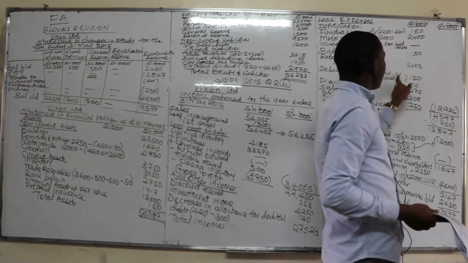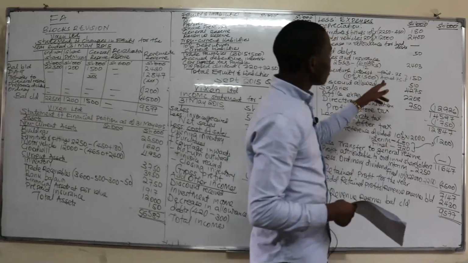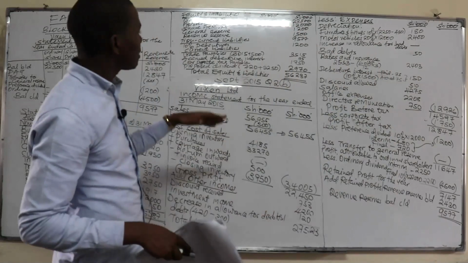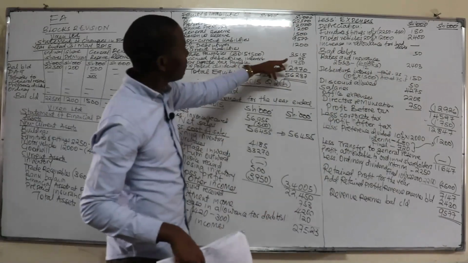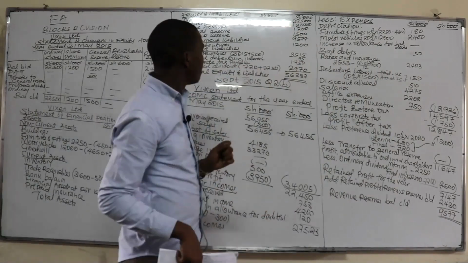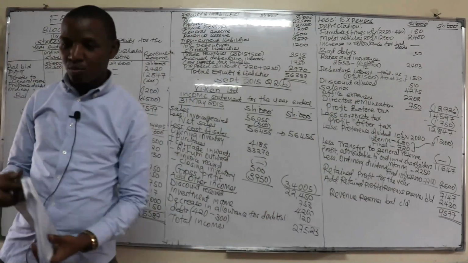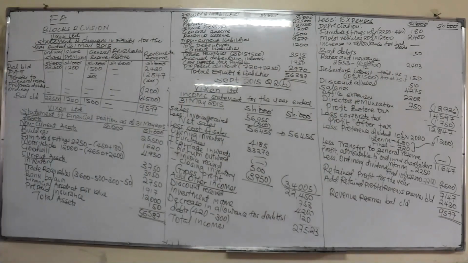Remember, what they paid was 75. So what is accrued in this case is supposed to be 75. And that is what is here. So I think it's supposed to be that, and we'll be able to continue from there in our next class.